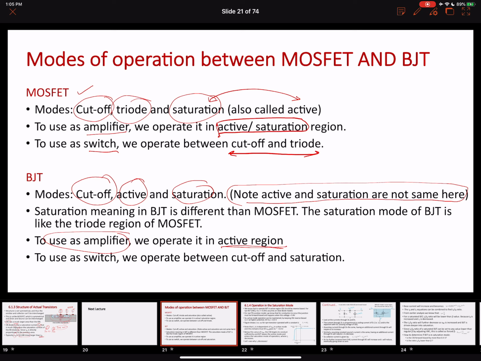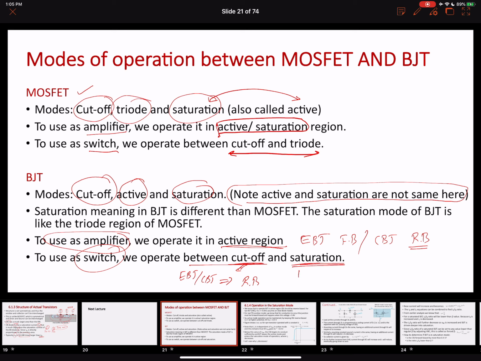The active region is the one where our emitter base junction is forward biased and our collector base junction is reverse biased. To operate it as a switch, we can operate between the cutoff region and the saturation region. For cutoff, the emitter base junction and collector base junction are both reverse biased.